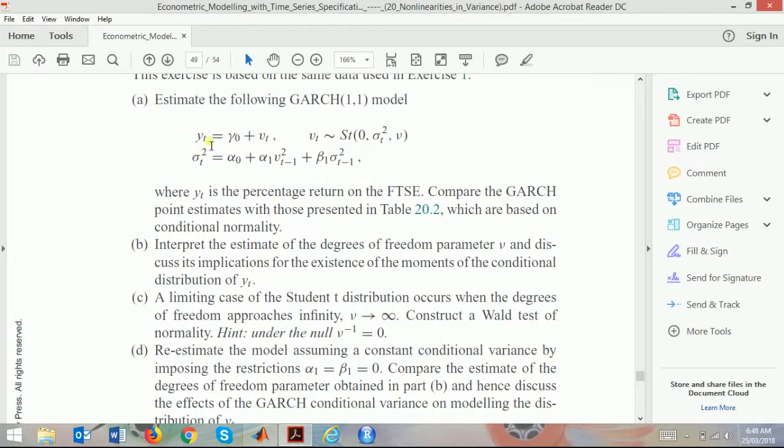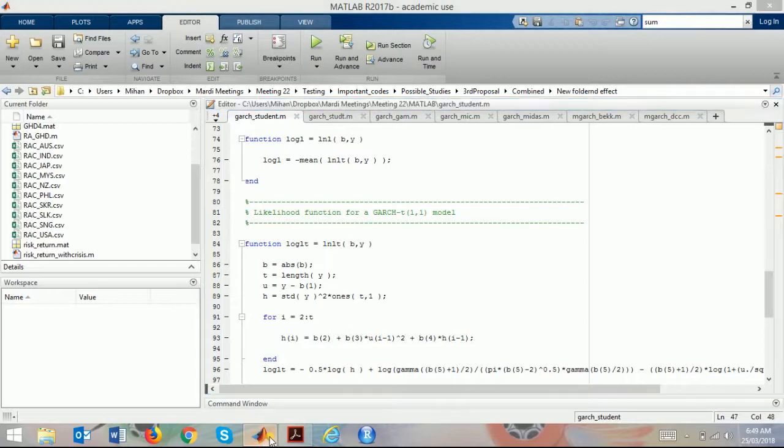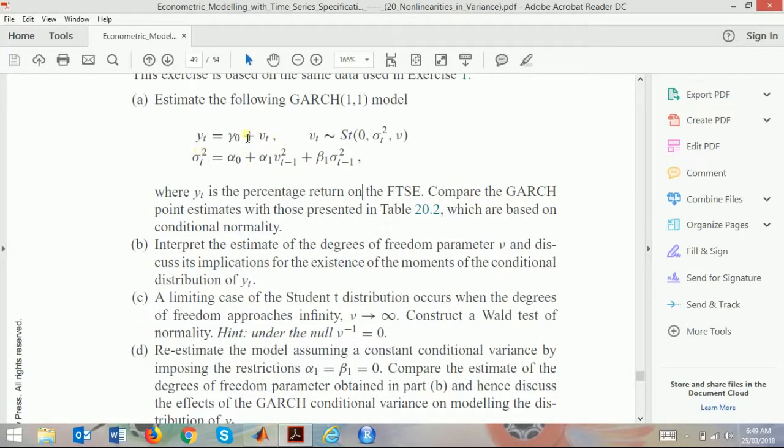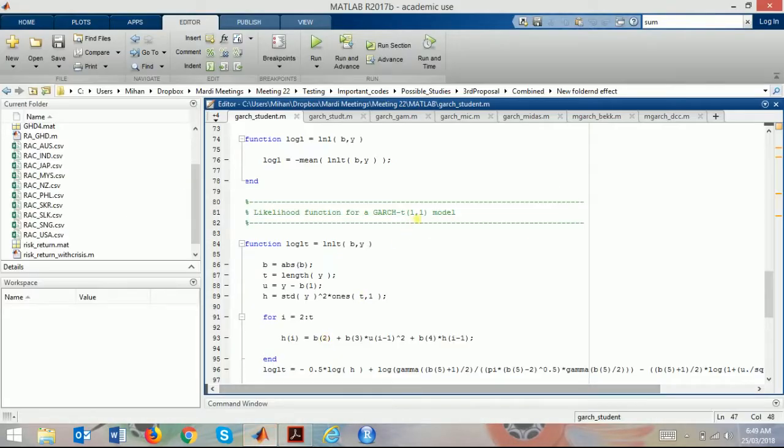So okay, so there is the question. All right, and we don't think our beta 1 is alpha 1. No, I think our beta 1 is gamma naught. So that is the part. We have u equals y minus beta 1, which is gamma naught. Okay, fine.